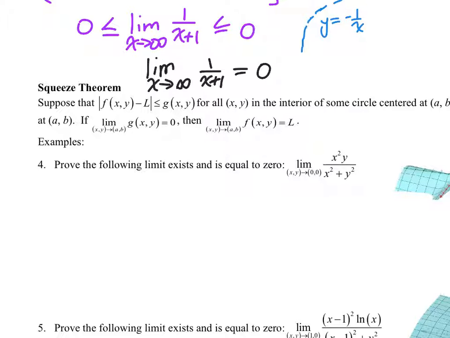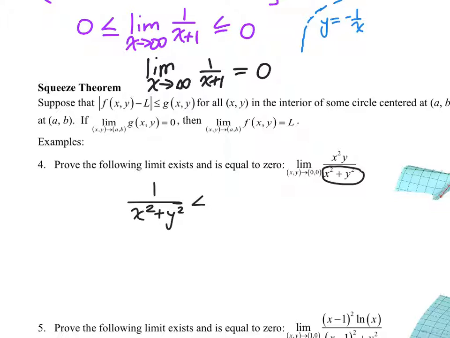So what we're gonna do here is start off with a relationship that we know to be true, all right? I'm just gonna start with the denominator because that numerator is a little funky. I'm just gonna start off with that denominator, 1 over x squared plus y squared.